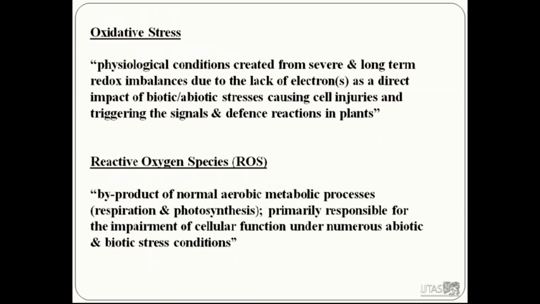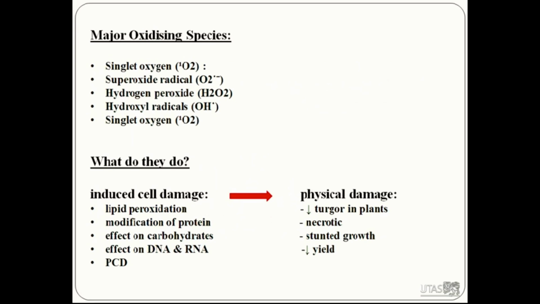Some of the well-known ROS are singlet oxygen, superoxide radical, hydrogen peroxide, the popular one, and hydroxyl radicals, the nasty one.